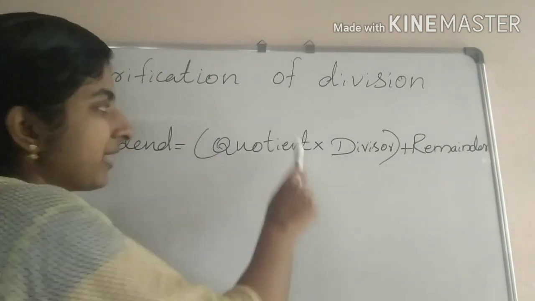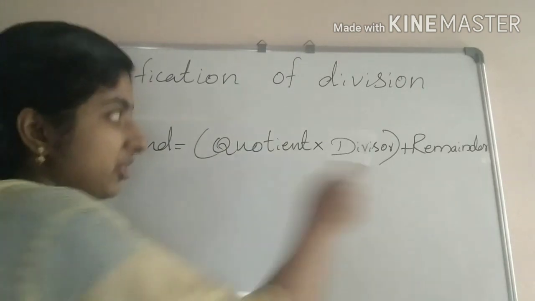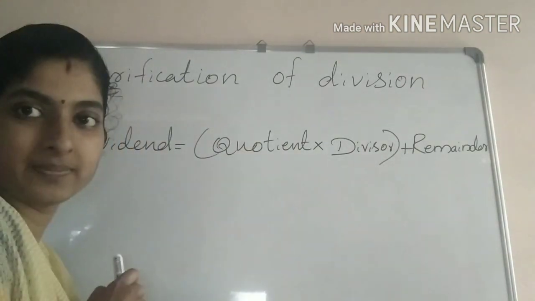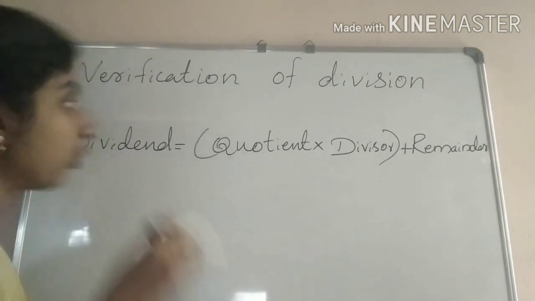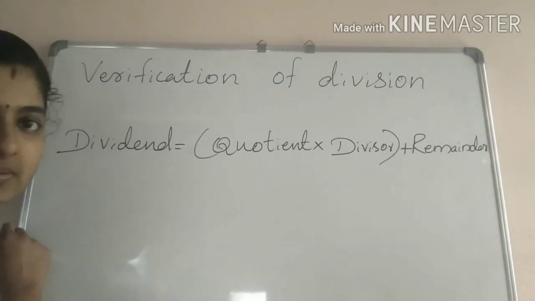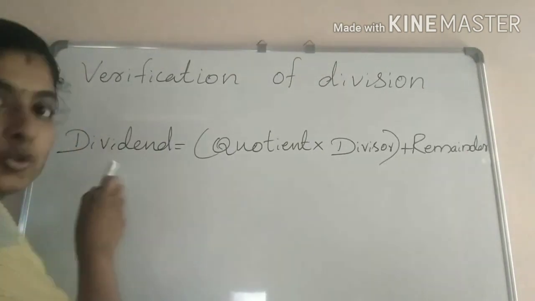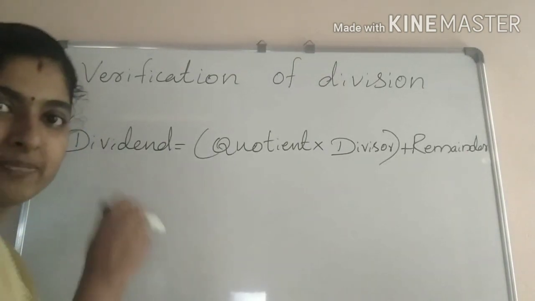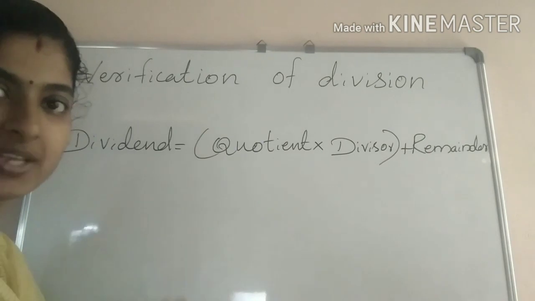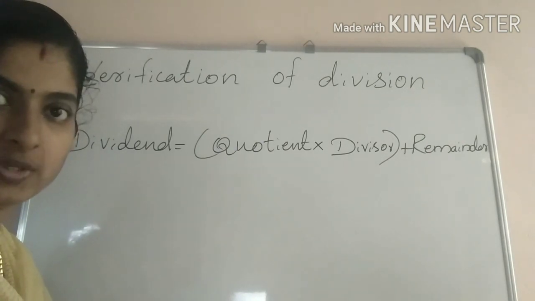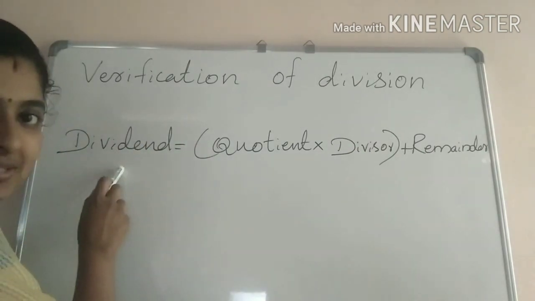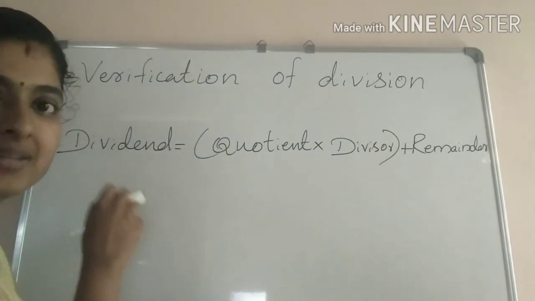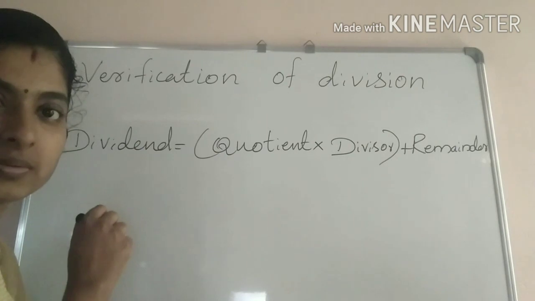That time we get an answer. That answer plus that remainder. That time we will get one answer that is equal to this dividend. That means our answer is right. Suppose that answer is not equal to this dividend. That means our answer is wrong.